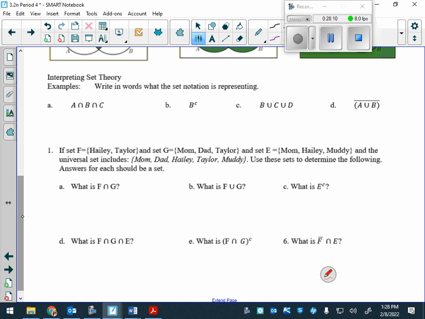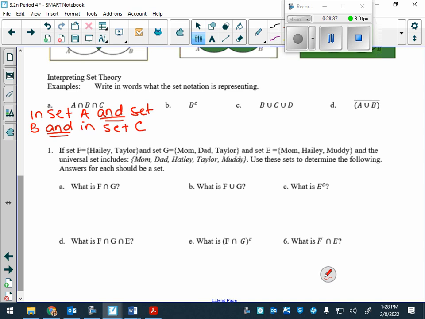So, the upside down U means what? And, or. And. So, in set A and set B and in set C. So where all three have something in common. Okay?